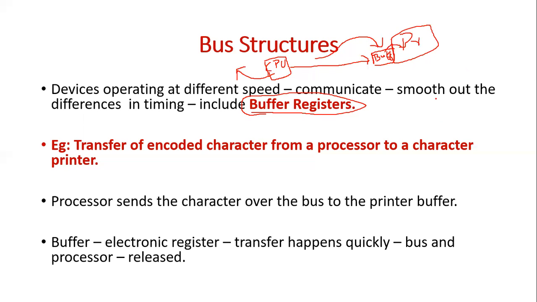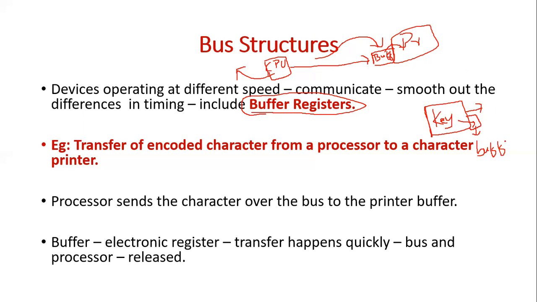Similarly, if you take a keyboard, in the keyboard also there will be a buffer. The user may be typing the keys at his own rate. Some users may type fast, some users may type slowly. The data the user types will not directly go to the memory, rather it will go into the buffer first.